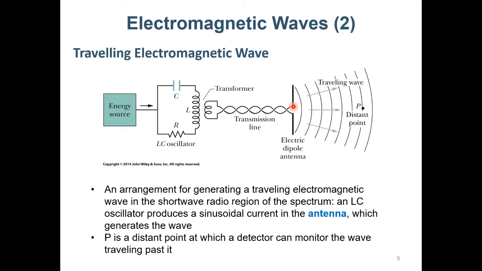This side is positive, this is negative, and this will generate some EM wave here. P is a distant point at which a detector can monitor the wave traveling past it. Suppose there is a sensor placed here, so it can sense whether there are EM waves generated by this setup.